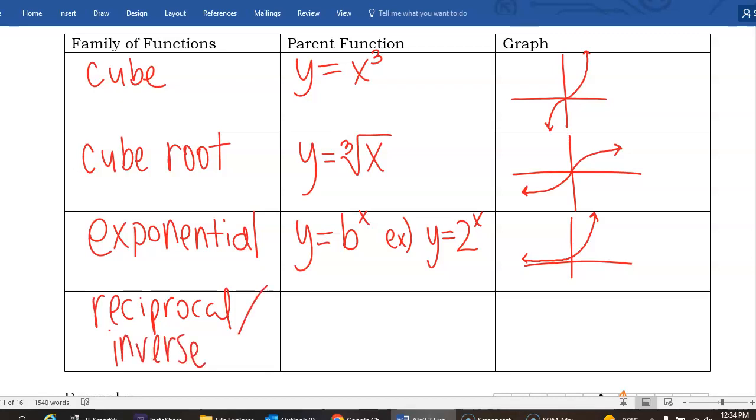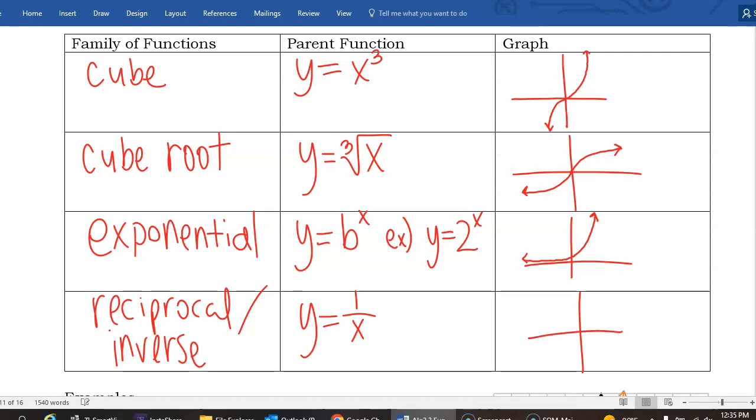Okay, so the parent function is y equals 1 over x. So that is the opposite of a linear function, multiplicative inverse, reciprocal, undoing, right?